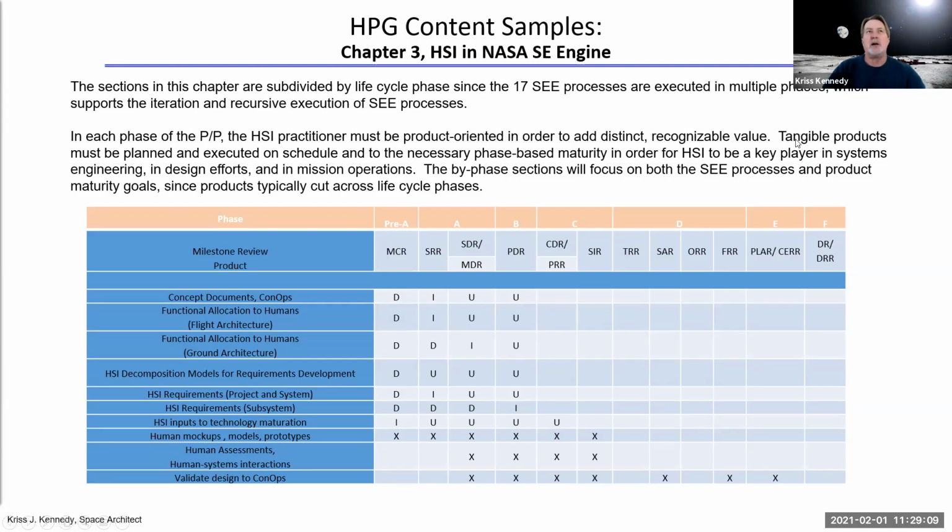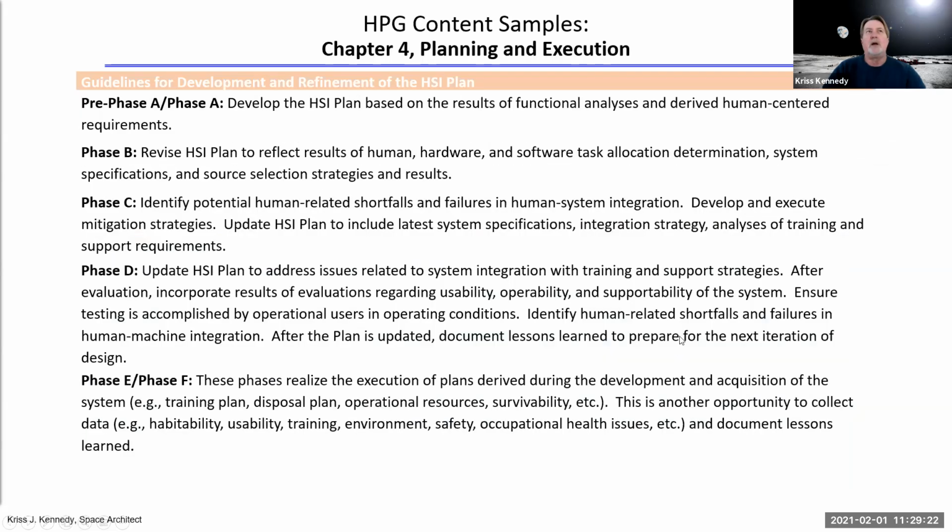Chapter 3 also talks about the different products at the different phases, whether it's a draft or an update or your baseline. Here we talk more specifically about the phases, pre-phase A, B, C, D, and E, and we've talked about what those are previously.